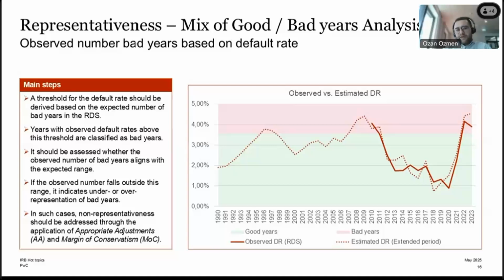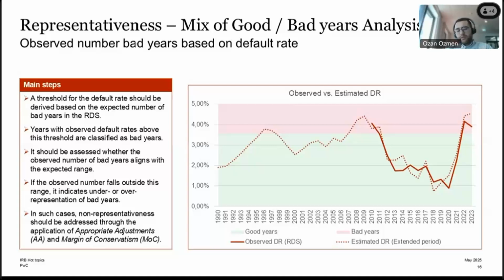As soon as we have this long period of history, even though it's estimated, then by using the expected number of bad years, we define a PD threshold based on percentiles. Whatever that threshold is in your default rate levels, when you define it based on this long default rate period, you then see in the actually observed default rates which years fall into the levels that indicate bad years.